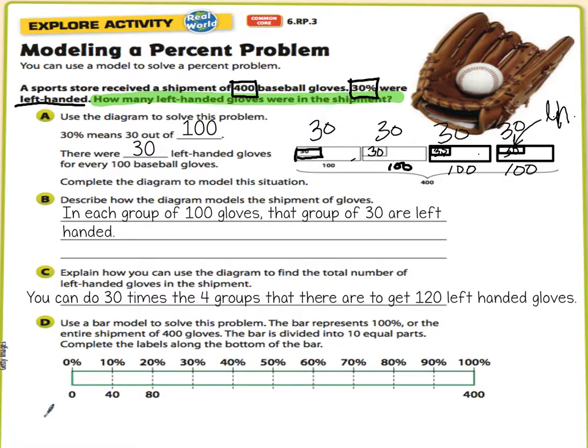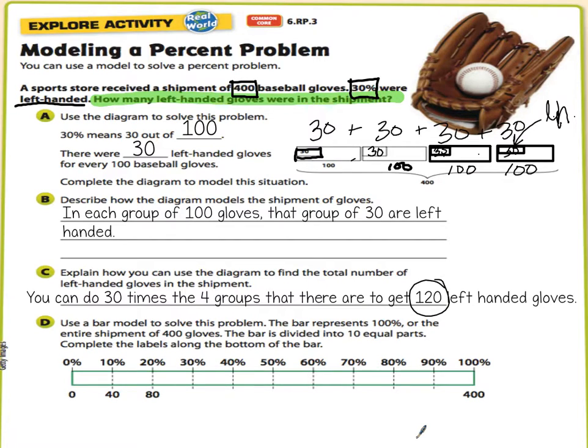Or I could have used the model and said 30 plus 30 plus 30 plus 30 gives me 120. So I could have added 30 multiple times, or multiplied 30 and 4. Either way, in each group of 100, 30 of them are left-handed. Since there are 4 groups of 100, there are 4 groups of 30 left-handed gloves, which means there are 120 left-handed gloves total.